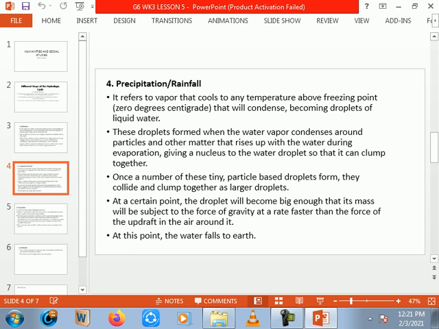At a certain point, the droplet will become big enough that its mass will be subject to the force of gravity at a rate faster than the force of the updraft in the air around it. At this point, the water falls to earth.